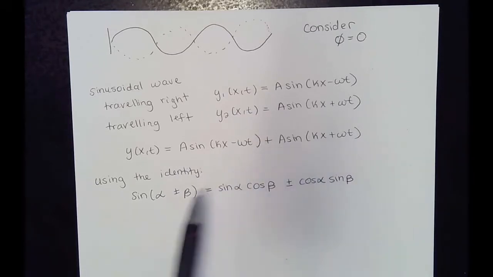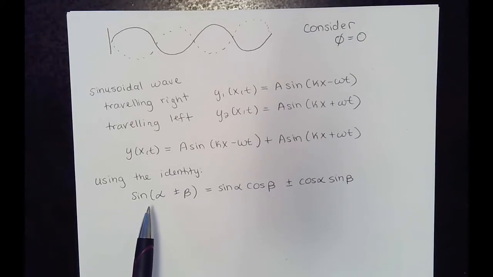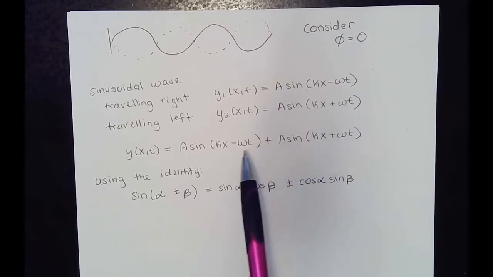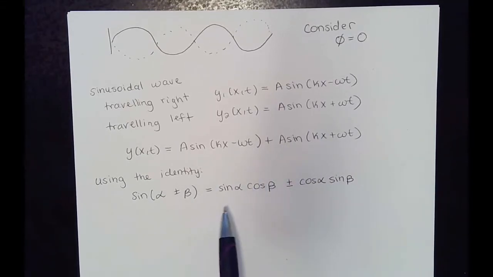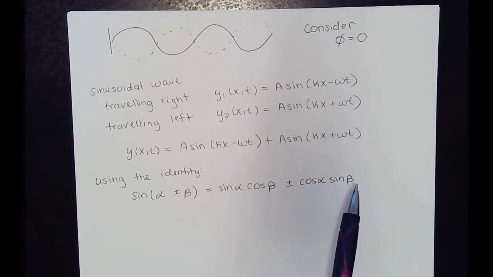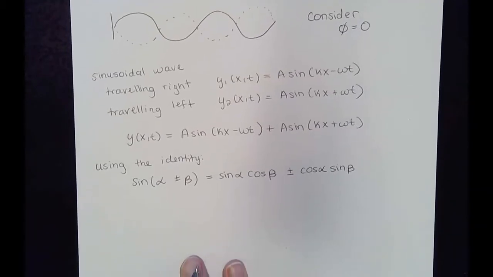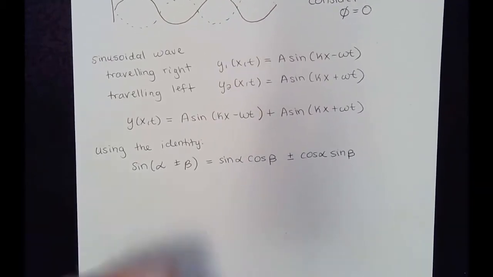We can simplify this using the following identity. Sine alpha plus or minus beta, which both of these functions are in that format here, equals sine alpha cos beta plus or minus cos alpha sine beta. So I want to expand this function using that identity.